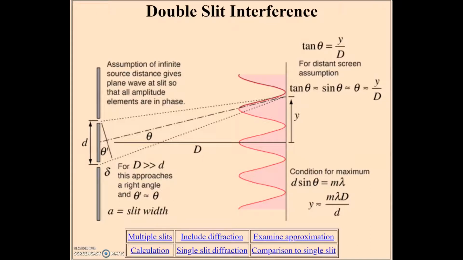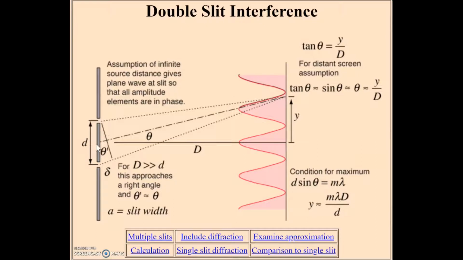Something that you can actually do with double slit interference is calculate, pretend that this area where we have Y is some kind of screen where the waves can be projected onto it. You can calculate where on this screen there's going to be maxima and minima caused by constructive and destructive interference by using these equations.